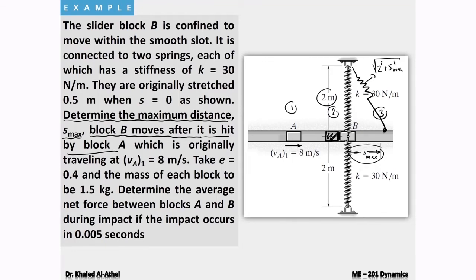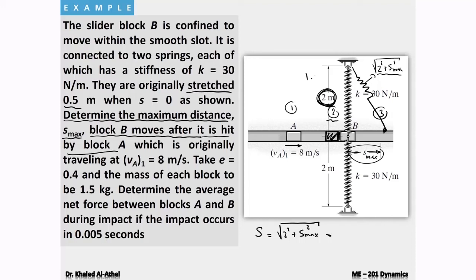So this is the current length at this point. In order to find S, it's going to be the current length, which is the square root of 2 squared plus S max squared, minus the unstretched length. What is the unstretched length? Well, at position 2, this is equal to 2, and I was told that it was originally stretched 0.5.